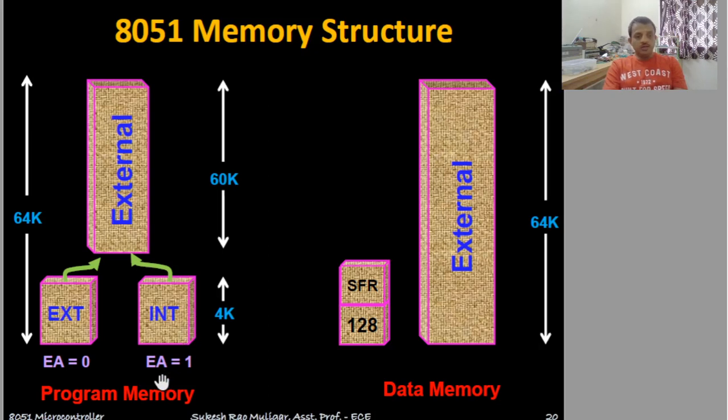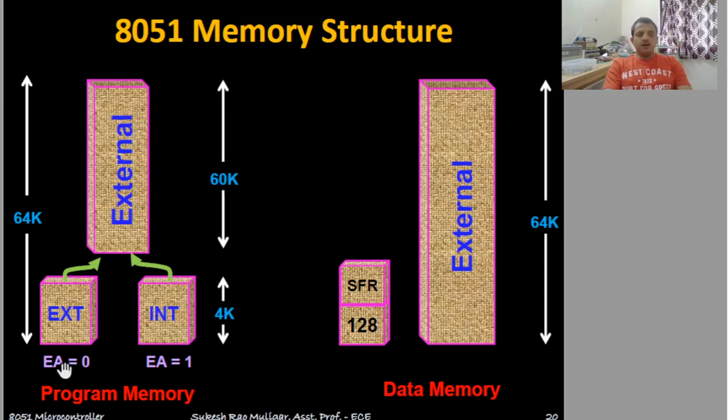And as you can see here, EA equal to 1 and EA equal to 0. In the 8051 chip, there is a pin called the EA pin, external access enable pin. If EA is made 1, then it will select the internal program memory.